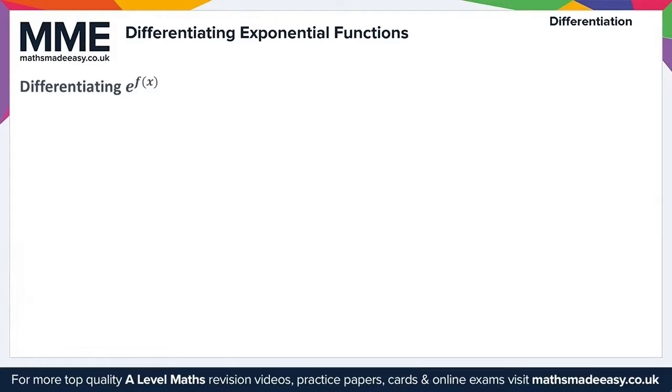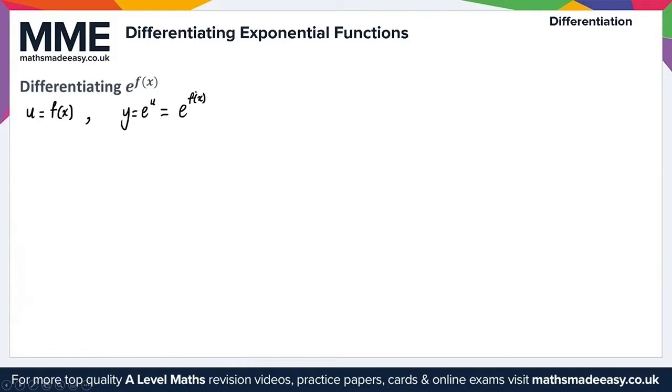Moving on now to take a look at differentiating e to the f of x. Now here we must use the chain rule. So if we let u be equal to f of x, and let y be equal to e to the u, then using the fact that u is equal to f of x, we can also write y as e to the f of x.